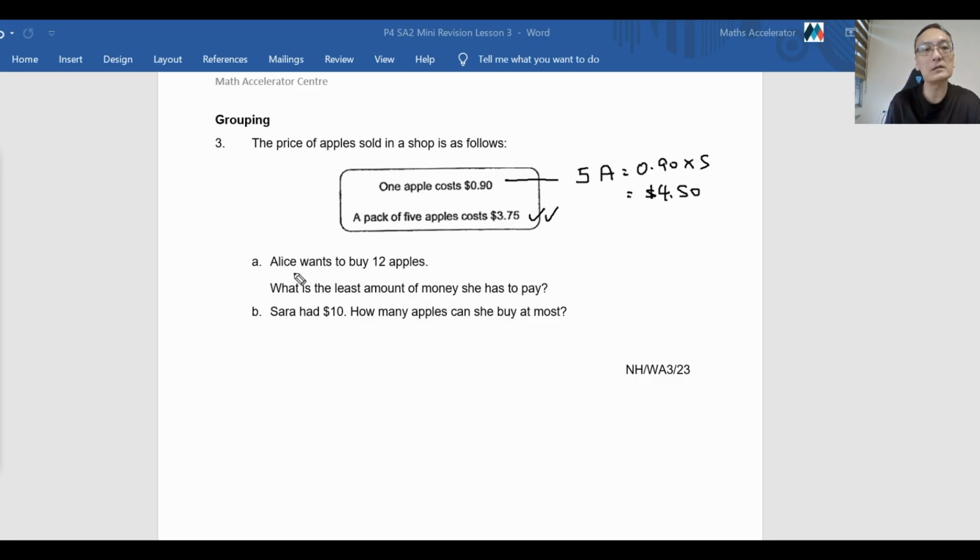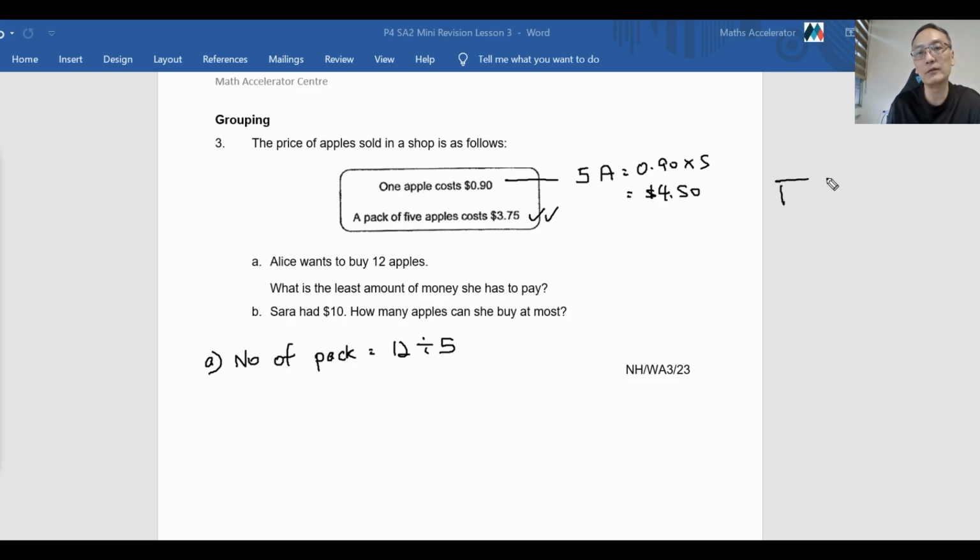So now, if Alice wants to buy 12 apples, we will see how many packs we can get. How many packs of 5 apples can she get if she wants to buy 12? So number of packs: 12 divided by 5.